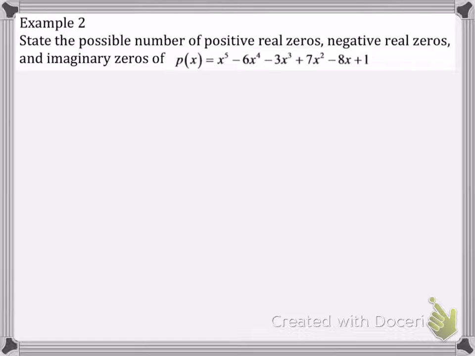So an example, let's state the possible number of positive real zeros, negative real zeros, and imaginary zeros of p of x. So for positive real, we simply just work with p of x.